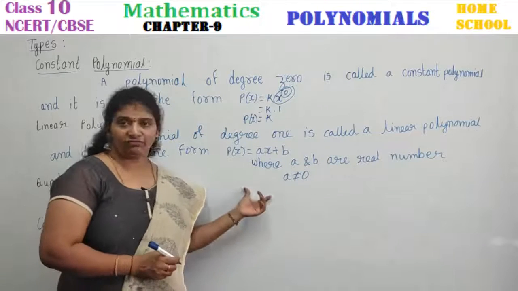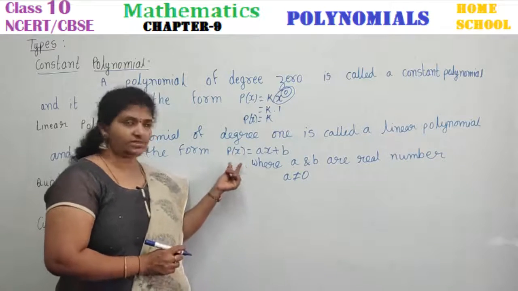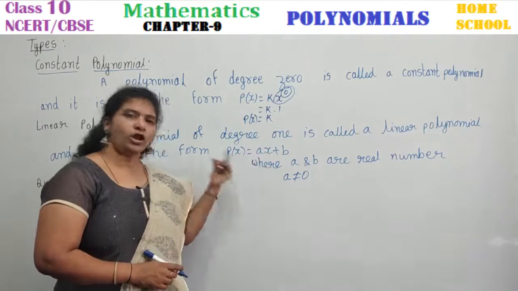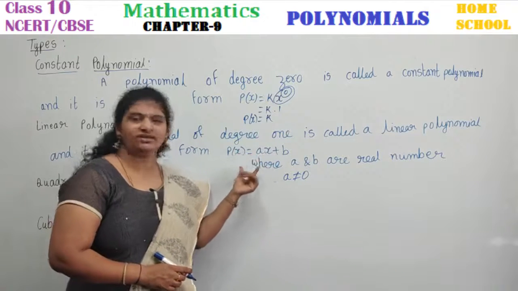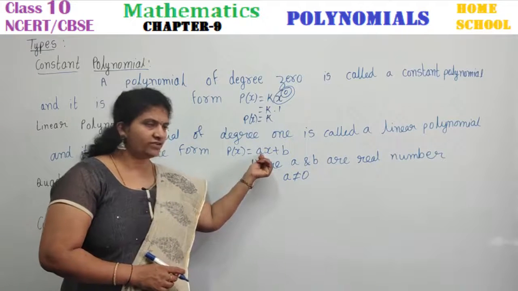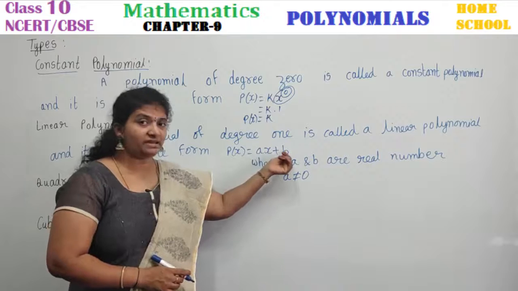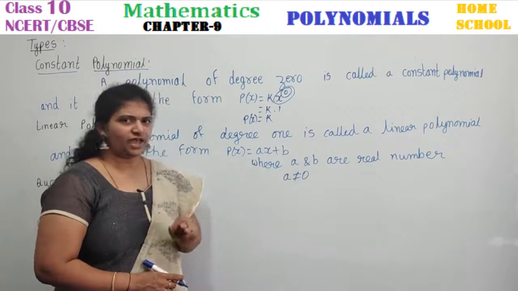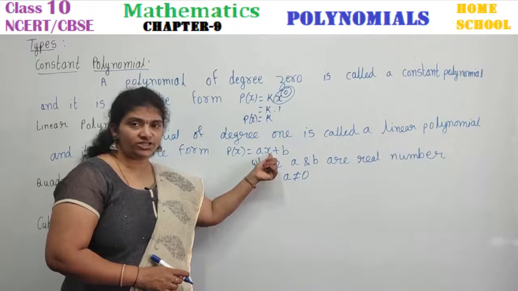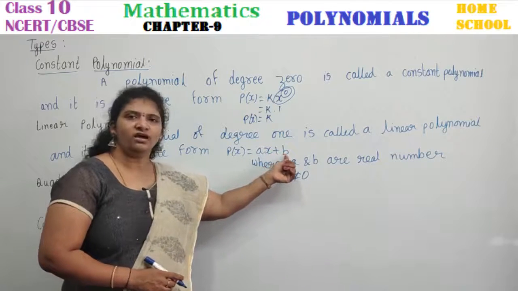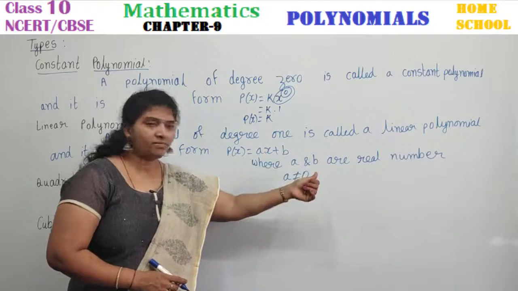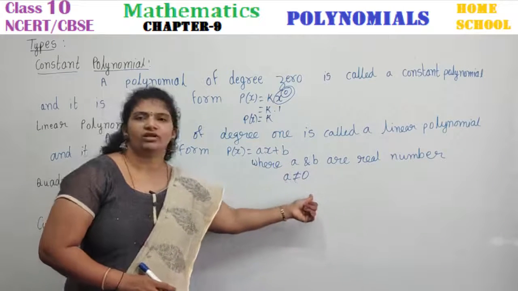Observe this statement carefully. Polynomial of x, its highest power is 1, degree 1. A polynomial having degree 1 is called a linear polynomial, where a is a numerical coefficient, x is a variable, b is the constant. Observe carefully children, x is a variable, a is the numerical coefficient of x and b is the constant, where a and b are real numbers and a cannot be equal to 0.